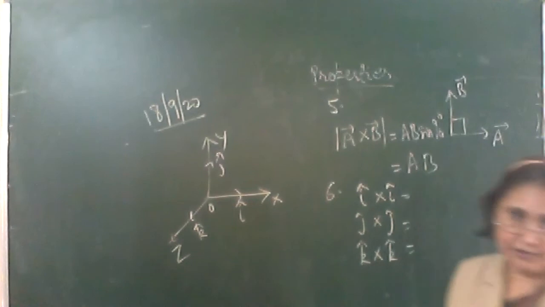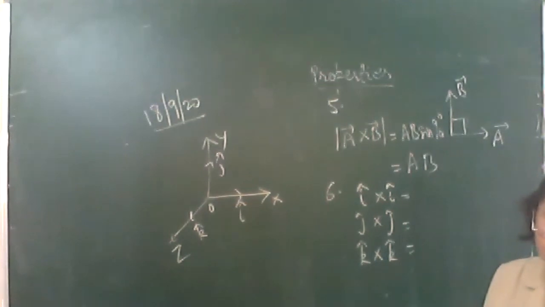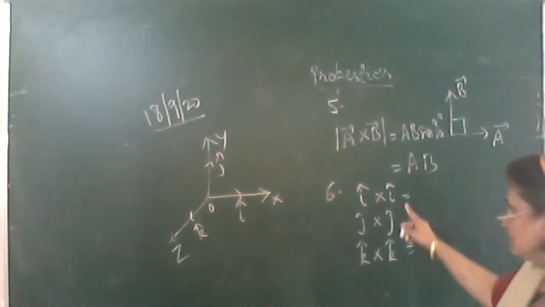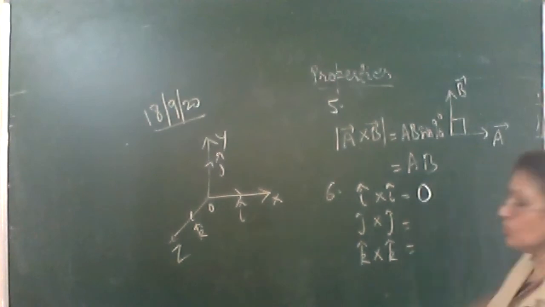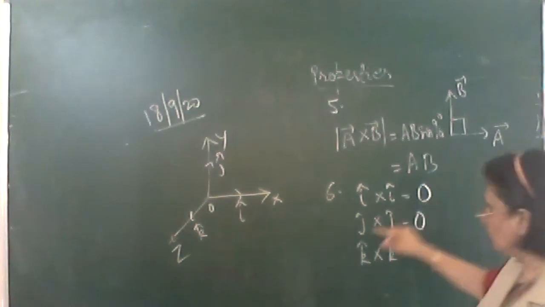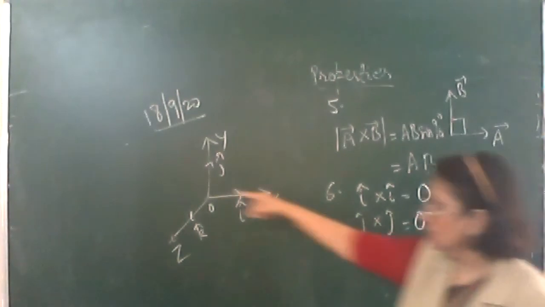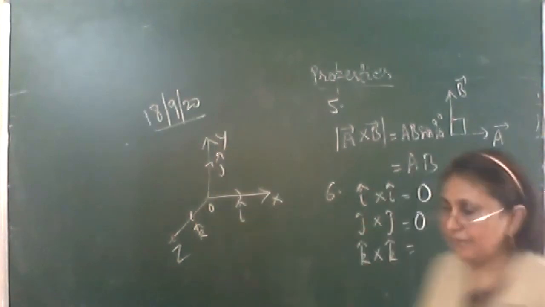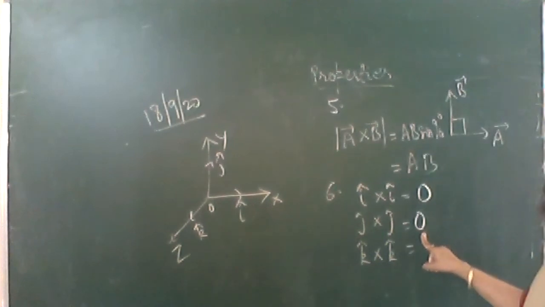Both are acting along x-axis, so the angle between them is 0 and sine 0 is 0. So i cross i is 0. j cross j, 1 into 1, both acting in the same direction, sine 0, which is 0. Similarly, k cross k is also equal to 0.